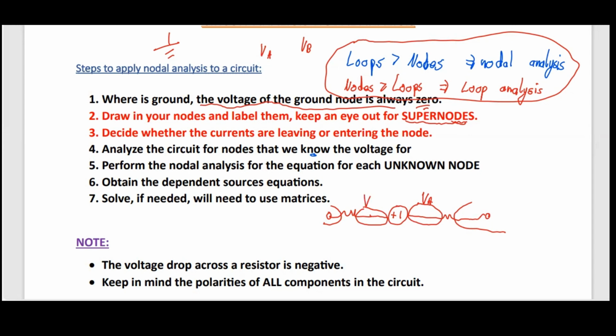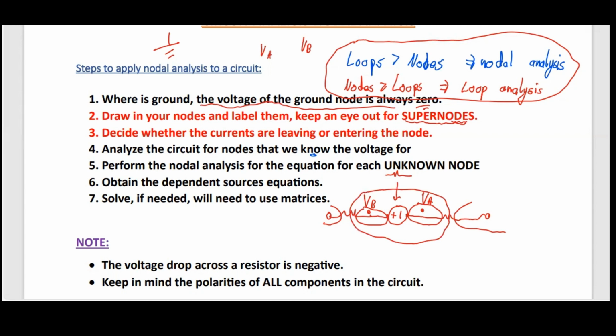And you have a node here. Let's call it VB. So you'll notice that you are accustomed to having a resistor here, you're accustomed to it being like this. But you notice there's a voltage source in between two nodes that you don't know the voltages for. You really don't know the voltage of it. So anytime you have a voltage source in between two unknown nodes, literally looking like this, see that?